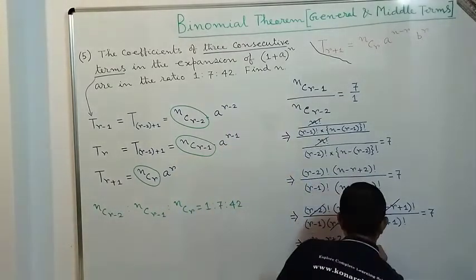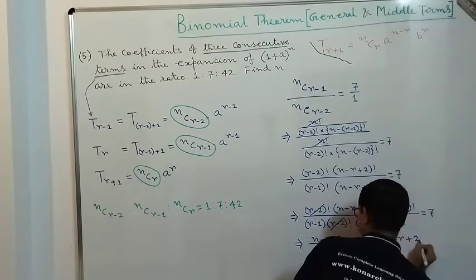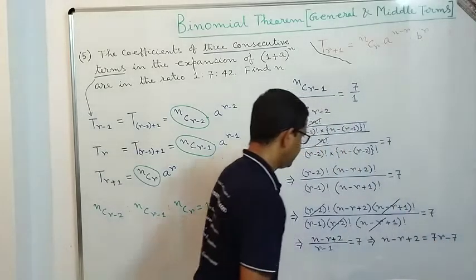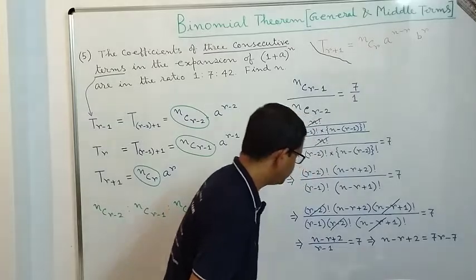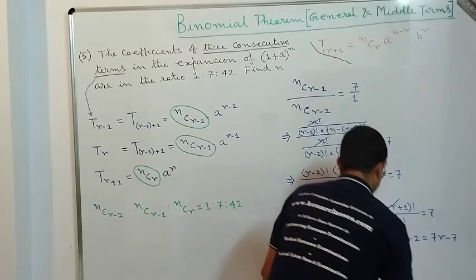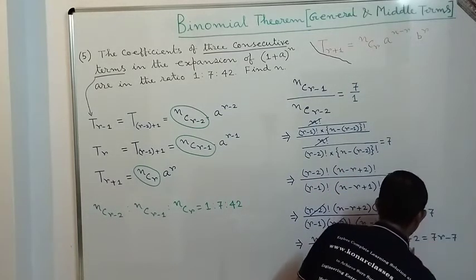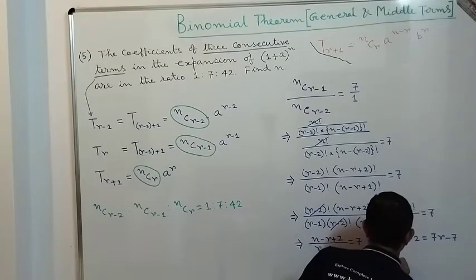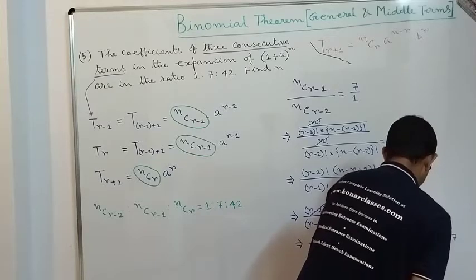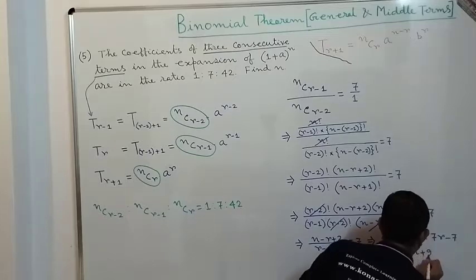So we get n minus r plus 2 is equal to 7r minus 7. So what we get here, dear students? From here we get the value of 6r. If we bring it to this side, we get 8r is equal to n plus 9.